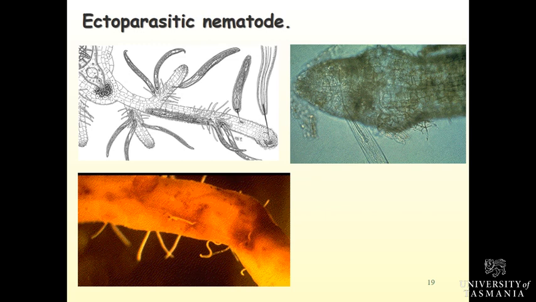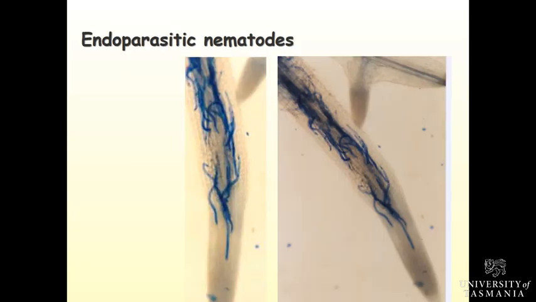Again, another microscope image, inserting the stylet and feeding from the root here. Versus the endoparasites. Here are some lesion nematodes that are actually inside the root. They've been stained so you can see them, and you can see there's quite a number of nematodes within that root, obviously impairing root function quite dramatically.